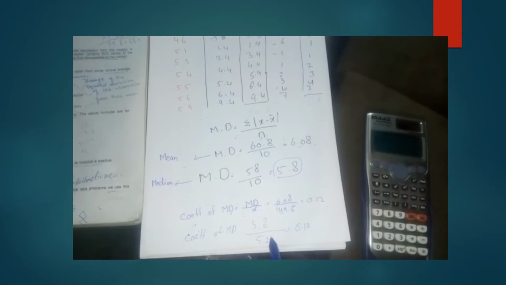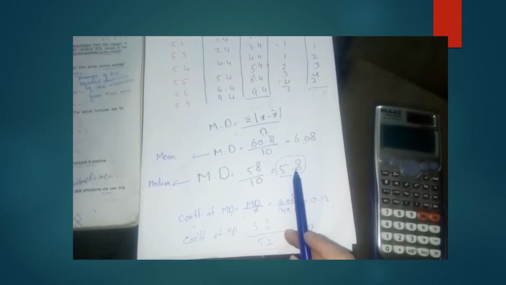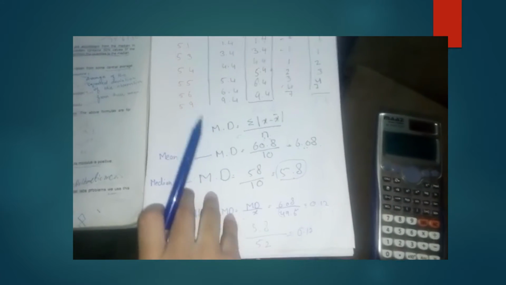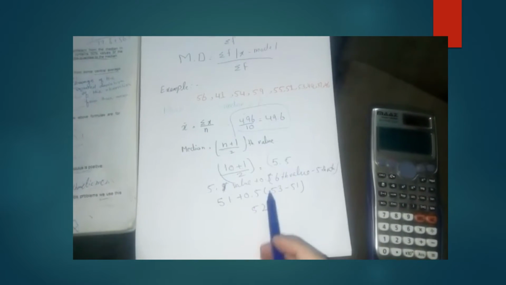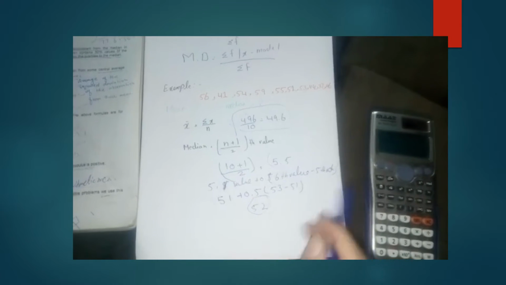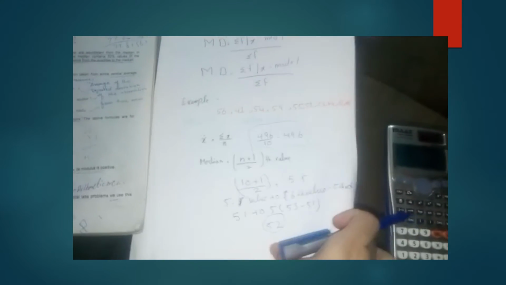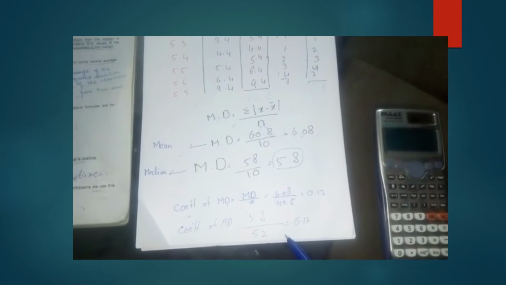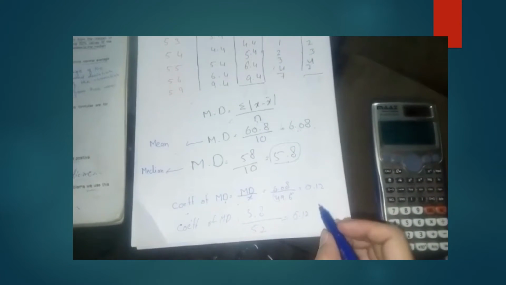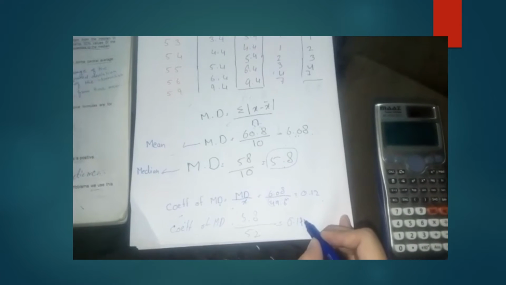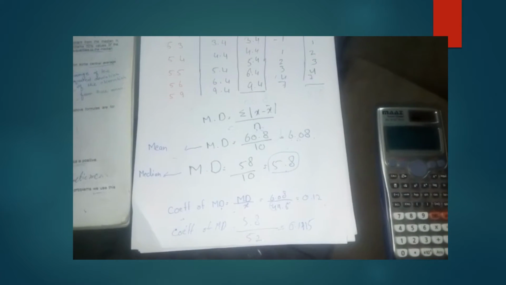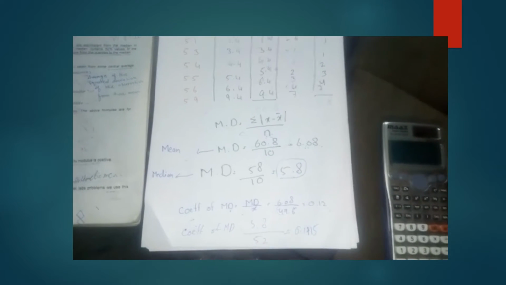And for the median, the mean deviation is 5.8 divided by 52, which is the median. 5.8 divided by 52, and the answer is 0.115. This is the answer.